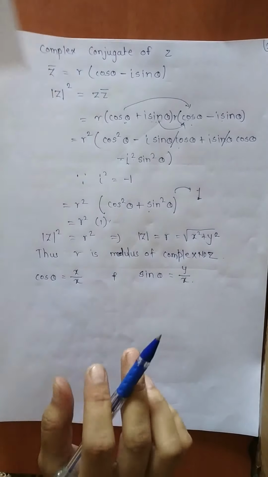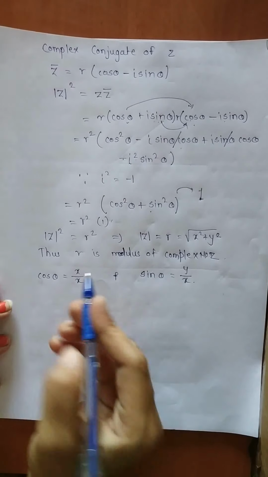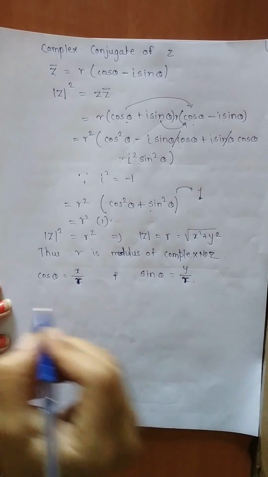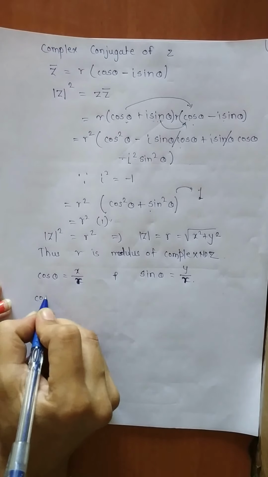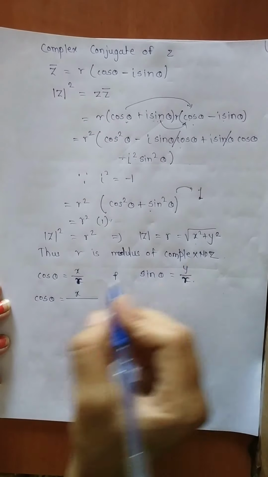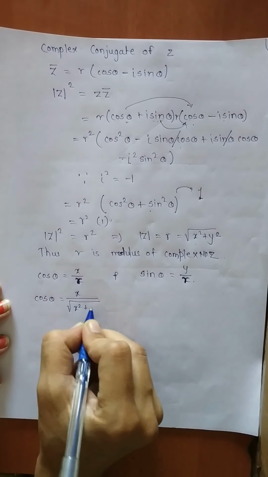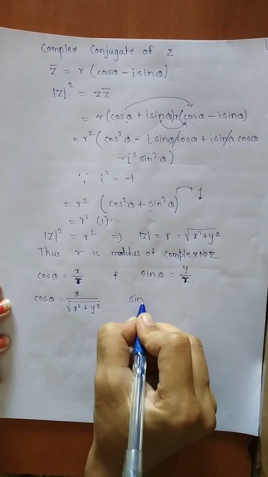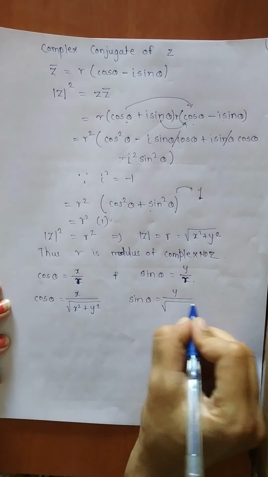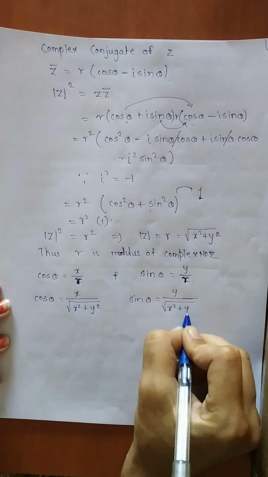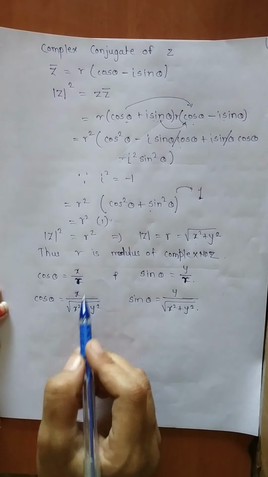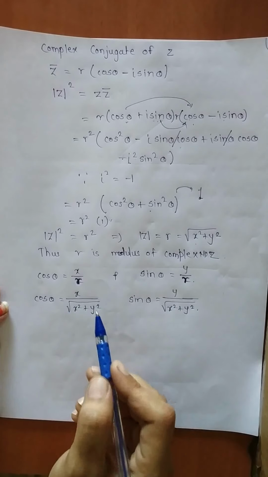Now if I substitute, since we have the value of r, I can put r as root x square plus y square. So cos theta is x upon root x square plus y square, and sin theta is y upon again root x square plus y square. So these are the relations between Cartesian coordinates and polar coordinates.